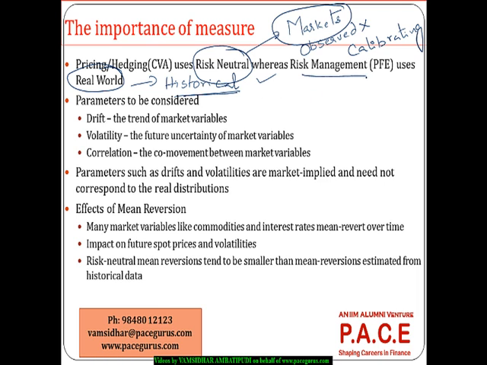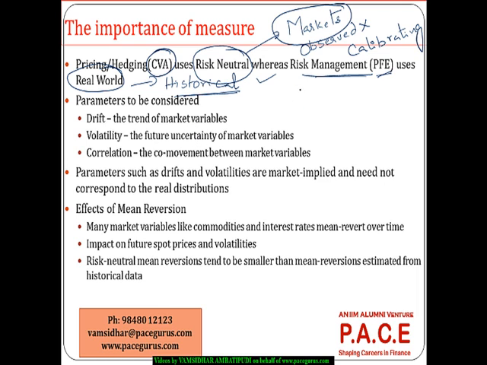And risk management, which is finding out the potential future exposures and all, requires the usage of the real world probability, whereas the pricing of the securities, like the computation of the credit value adjustment, CVA, or the hedging aspect, they go with the risk neutral approach, right?